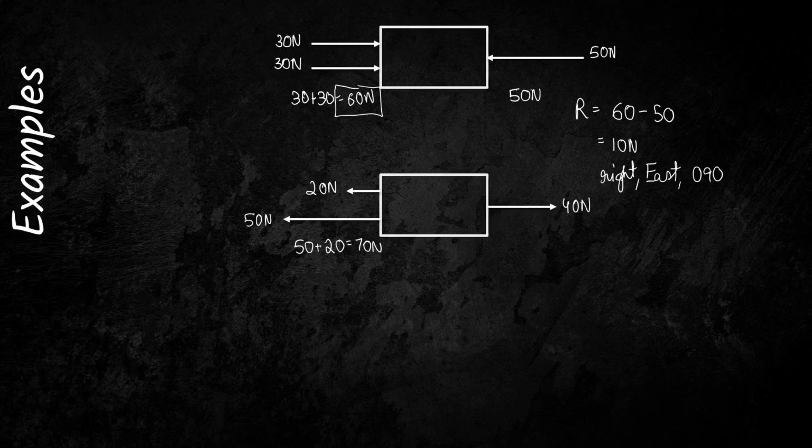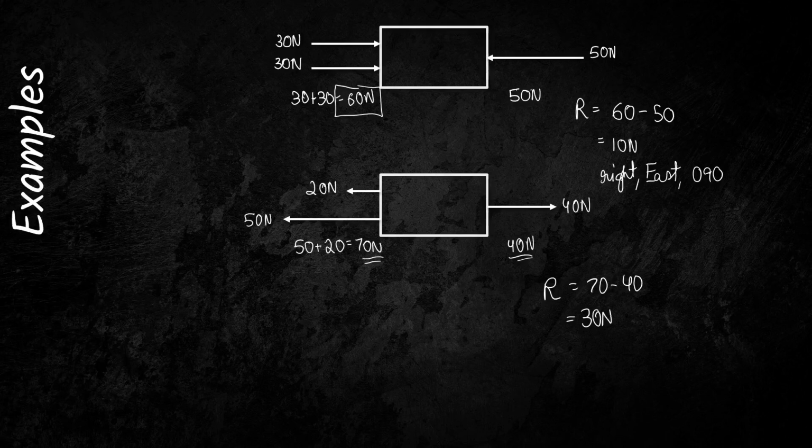And the total force towards the right is simply 40 Newtons. Again, because the combination of 50 and 20 and the 40 Newton vector are in the opposite direction, the resultant will be equal to 70 minus 40, which is 30 Newtons.